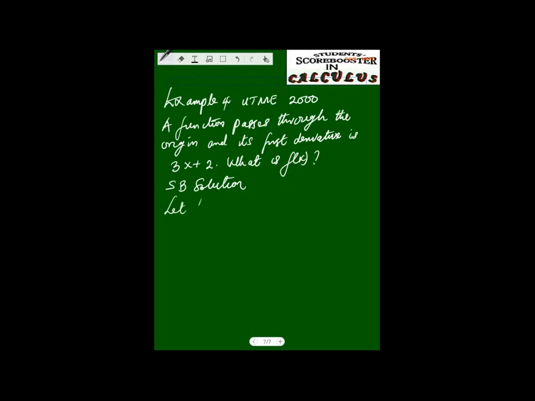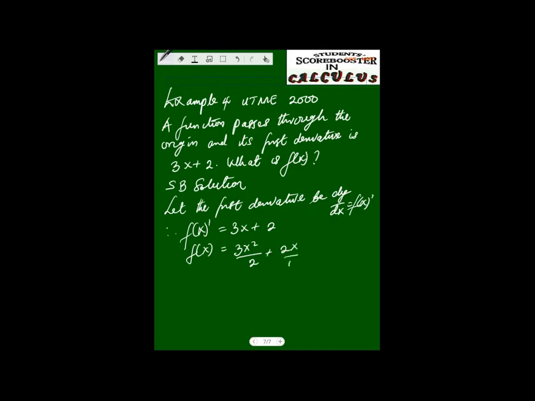So let the first derivative be dy/dx, which equals f'(x). Therefore f'(x) is equal to 3x plus 2. So f(x) is just an integration: 3x squared over 2 plus 2x over 1, and plus c. Don't forget.